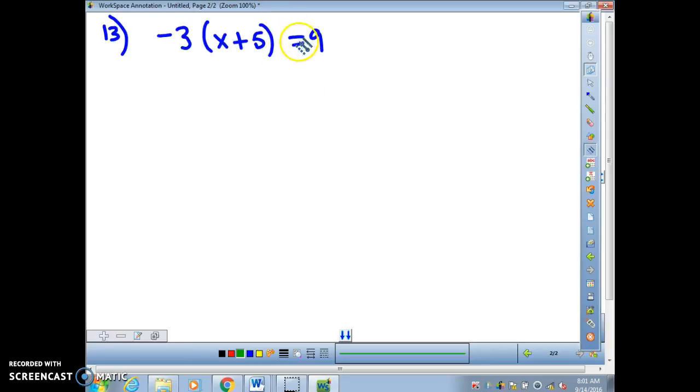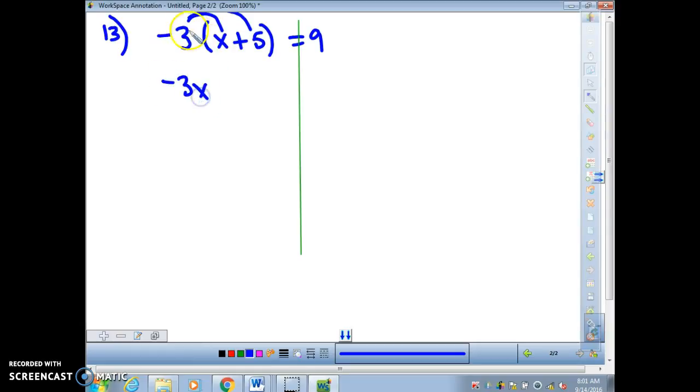So we're going to distribute that negative 3 in order to remove parentheses. So we have negative 3 times x, which will be negative 3x. And then negative 3 times positive 5 is negative 15. And I'm going to bring down the 9.